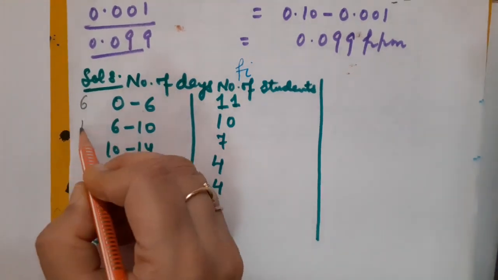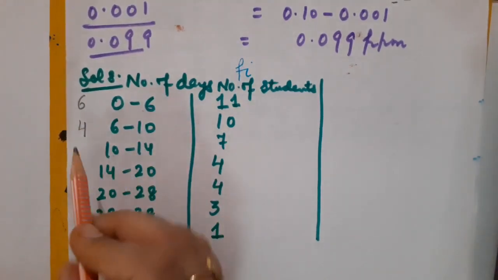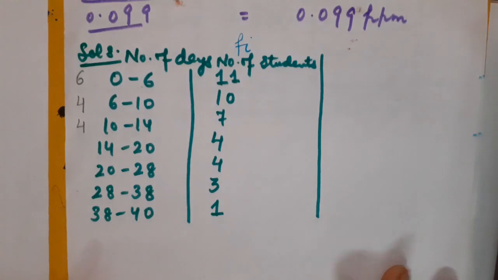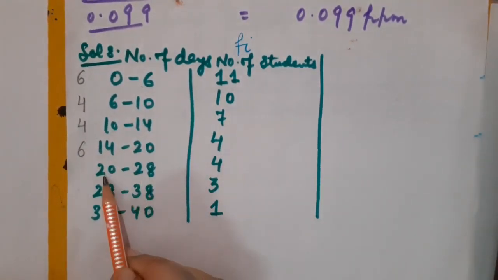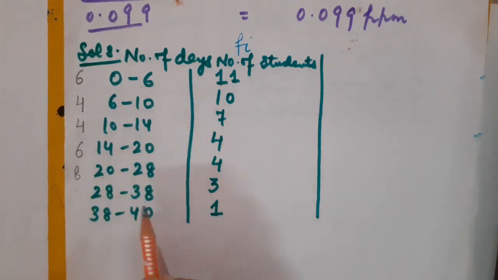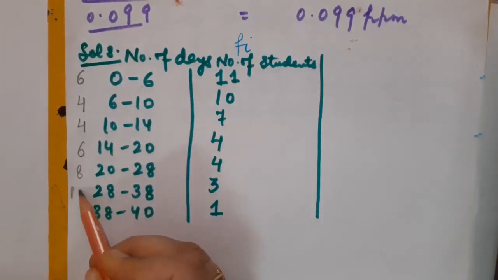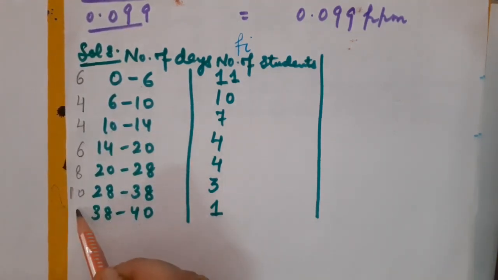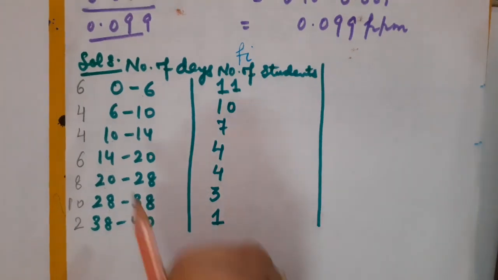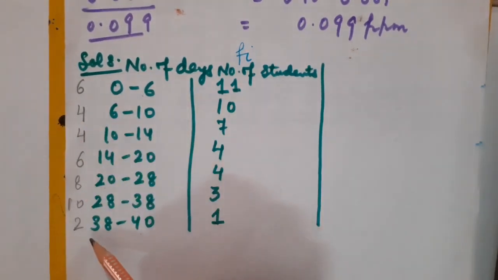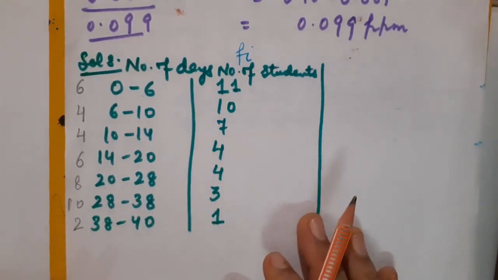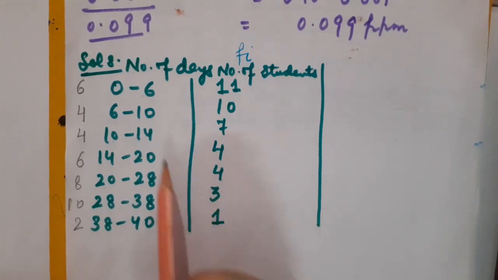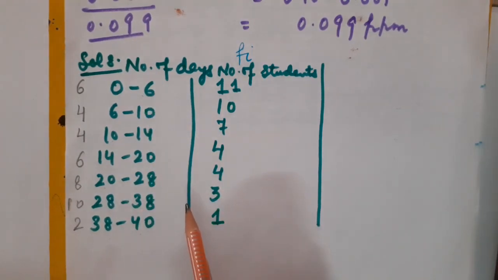Now 10 minus 6 will be 4, 14 minus 10 is 4, 20 minus 14 is 6, 28 minus 20 is 8, 38 minus 28 is 10, and 40 minus 38 is 2. So children, I will be getting different class sizes. So in this case, I cannot apply the step deviation method. Only this was the purpose, because this question is unique compared to others.